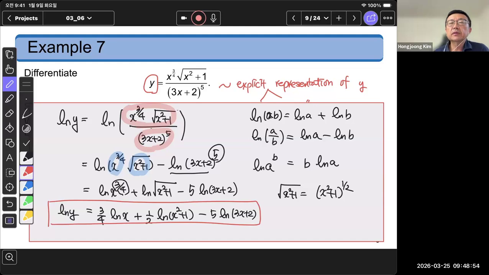So this is the expression given. Now I want to differentiate both sides with respect to x. Then all you have to remember is that this y is a function of x. Please remember this.